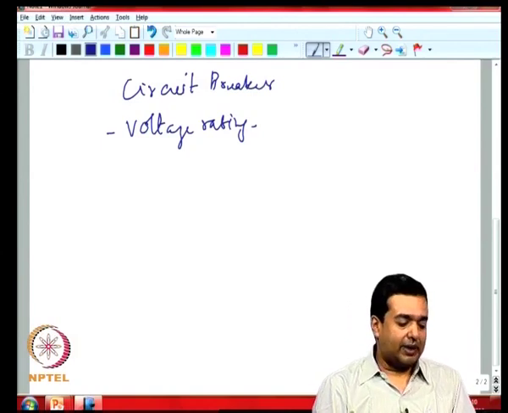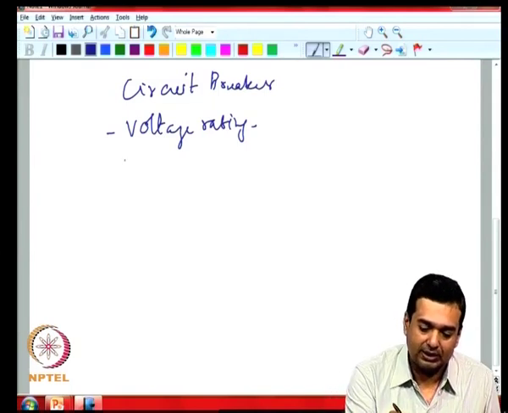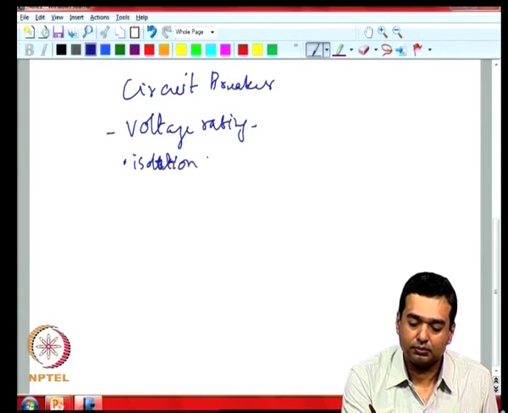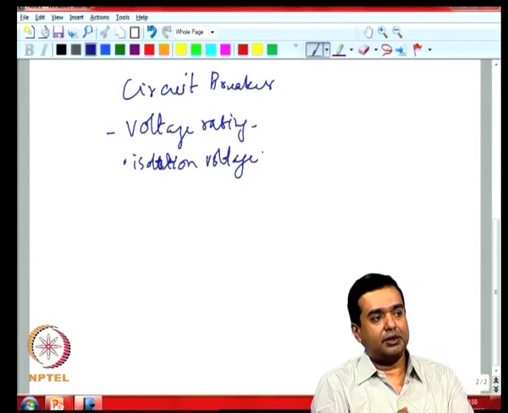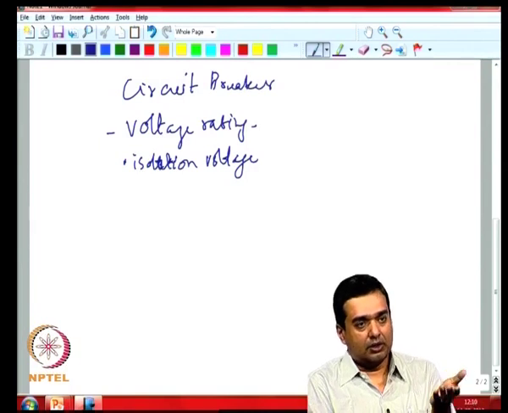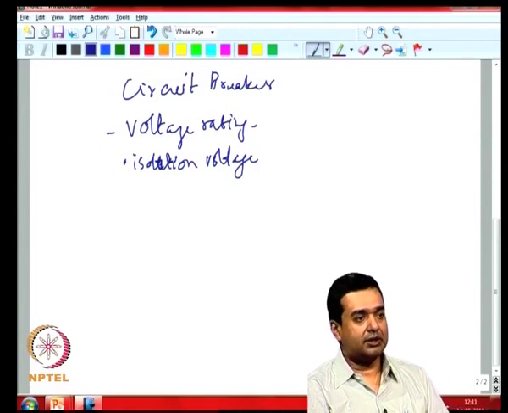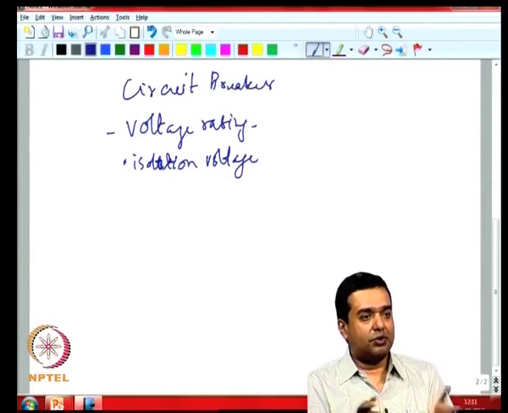The other item that is important is your isolation voltage. If you have a voltage spike coming across the circuit breaker, or from one point to your frame, which might be connected to your cabinet, etc., you also have an isolation voltage level: having opened, what voltage it can withstand before things arc over.